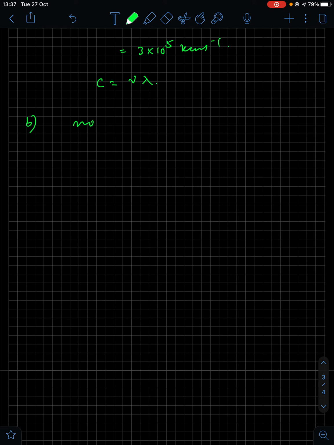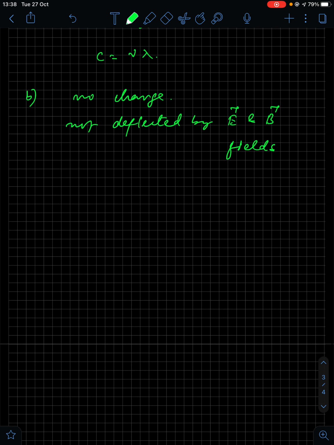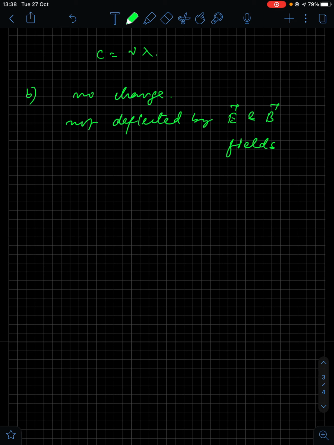Photon has no charge, therefore not deflected by electric and magnetic fields, okay. E indicates electric field, B indicates magnetic field. So that is number B.